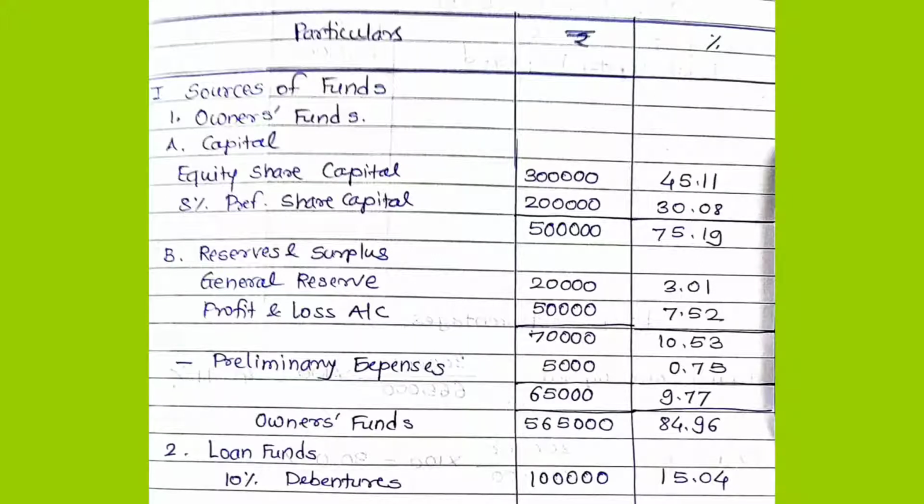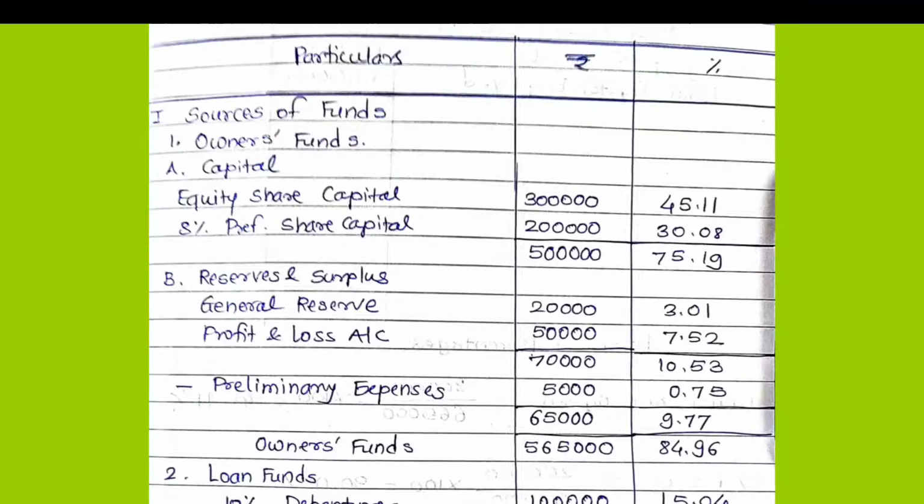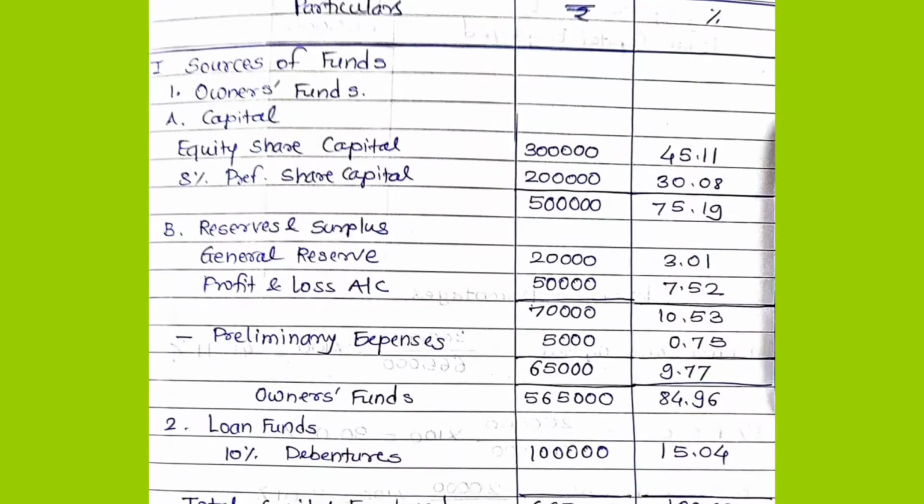Then reserves and surplus: there is general reserve of 3.01%, profit and loss account 7.52%, total gross reserves and surplus 10.53%, and preliminary expenses are 0.75%. After deduction, we got the net reserves and surplus 9.77%, and then we get the owners fund percentage.